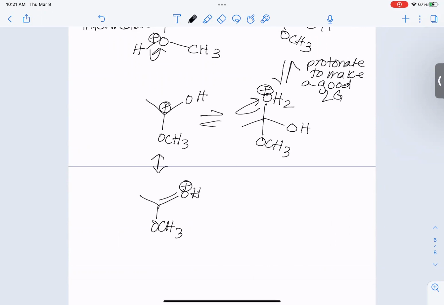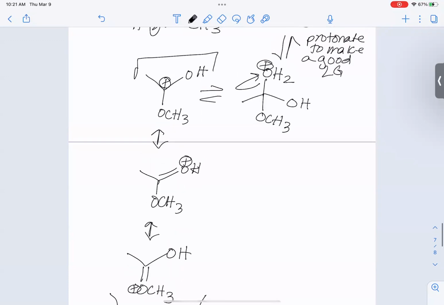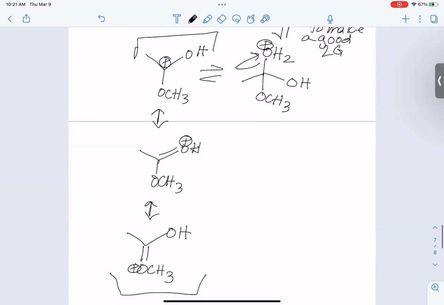So you can resonate out to the OH oxygen, or we can have resonance to the OCH3. We can easily deprotonate here.